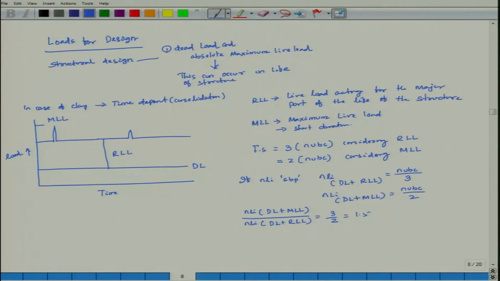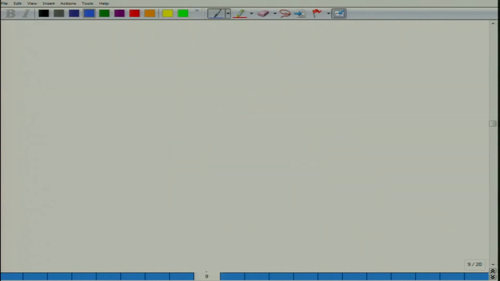This is what you have to consider in future for structural design. If you consider dead load and reduced live load, take a factor of safety of 3. If you consider dead load and maximum live load, take a factor of safety of 2. This should be taken care of. Now next we come to shallow foundation in clay.